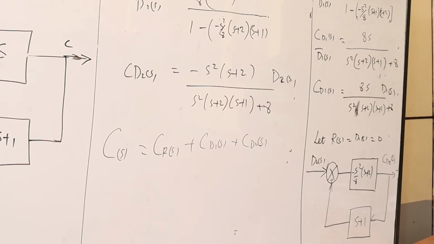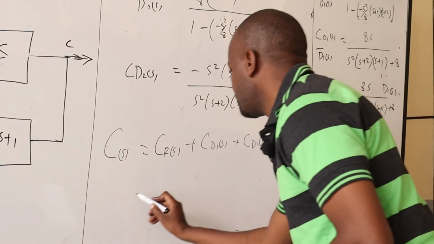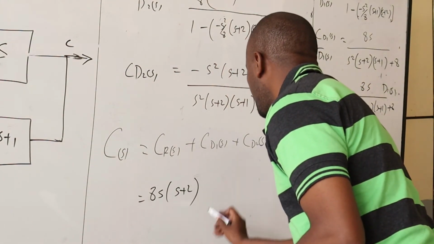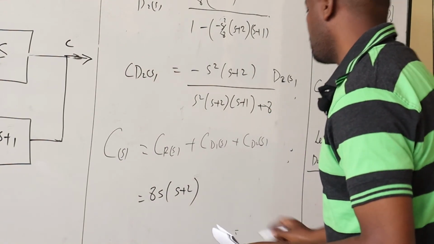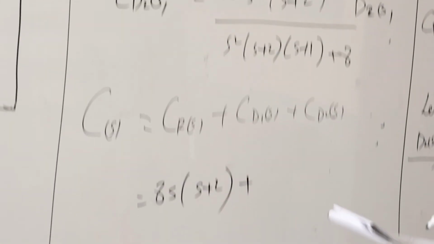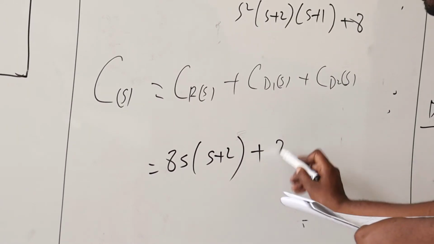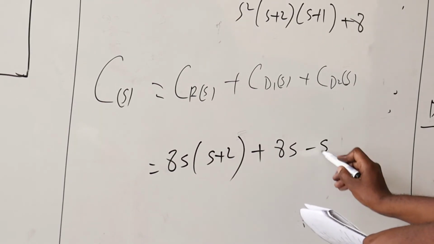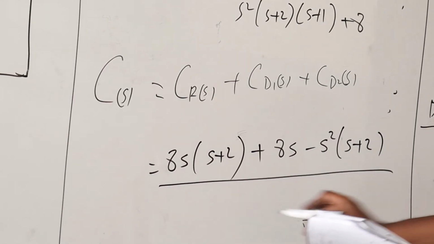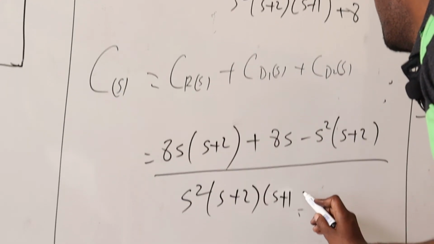We had 8s, so it's going to be 8s into s plus 2, and all of them are under common denominator, plus 8s over that, all over, again plus 8s minus s squared into s plus 2, then all this should be over common denominator, which is s squared into s plus 2 into s plus 1 and plus 8.